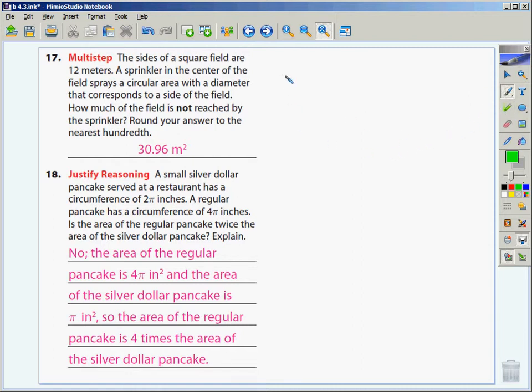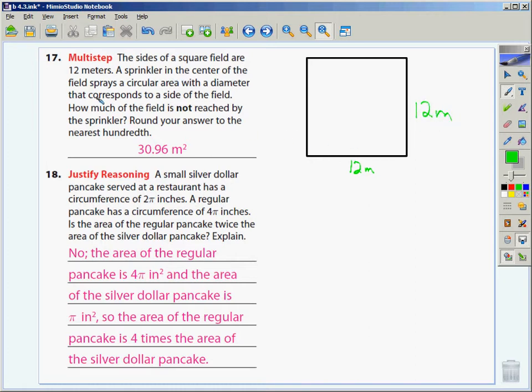The sides of a square field are 12 meters. There's my square field, 12 meters, 12 meters.